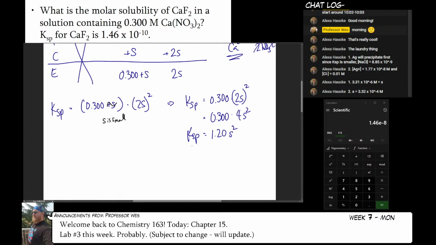And so now I'll just divide by 1.2 and square root it. I don't know why I almost did this. Like, I'm just habit, I guess. All right, so KSP was 1.46 times 10 to the minus 10 divided by 1.2 and then square root it.